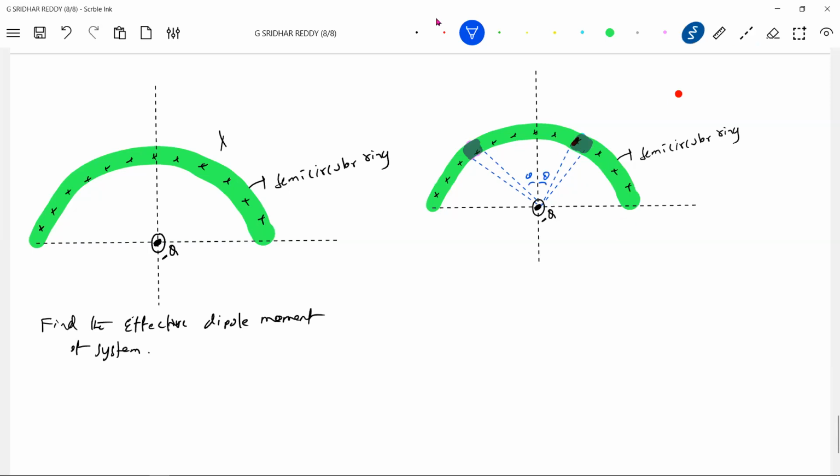This will be theta, theta, d theta, d theta. Together, these two will make one dipole. This will make one dipole. So dp dash, dp dash.